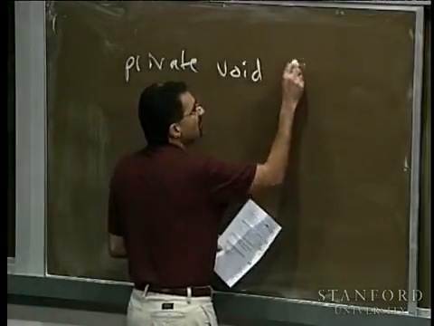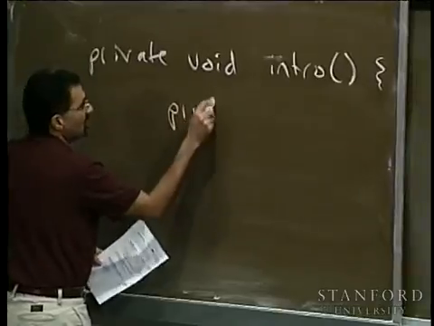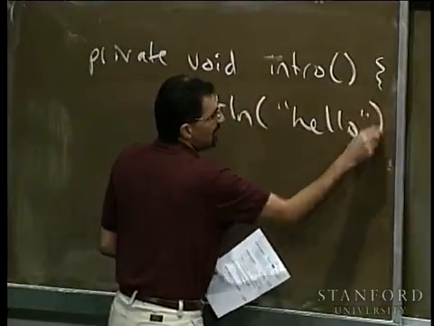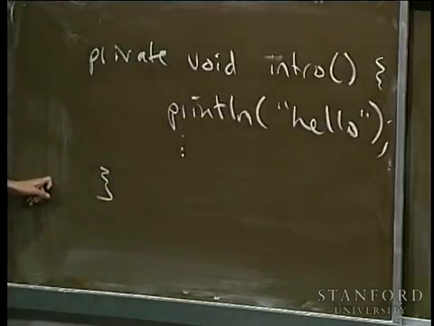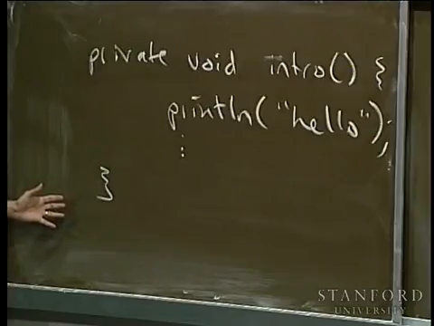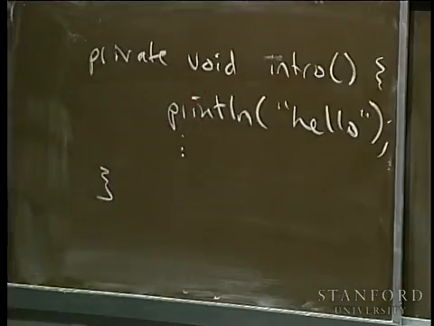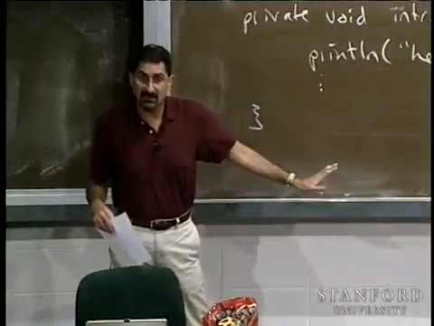And we might call this, for example, something like intro, if we want to just write out some hello to the user, or explain how the program works or whatever. And then we have the end of the method. There is not necessarily a return anywhere inside this method. Just like you did with Karel. When you were writing methods in Karel, you were writing methods that didn't return anything, and you never had to worry about return, and that's perfectly fine. In methods that don't return anything, you never have to say return, and that's great.